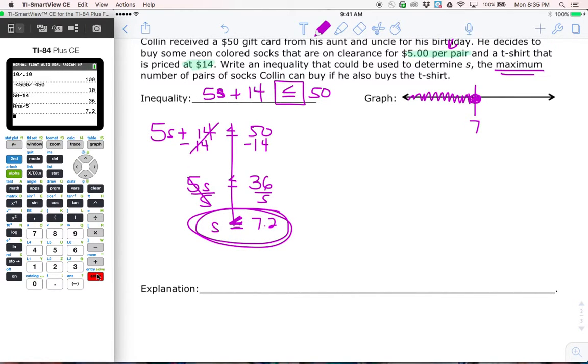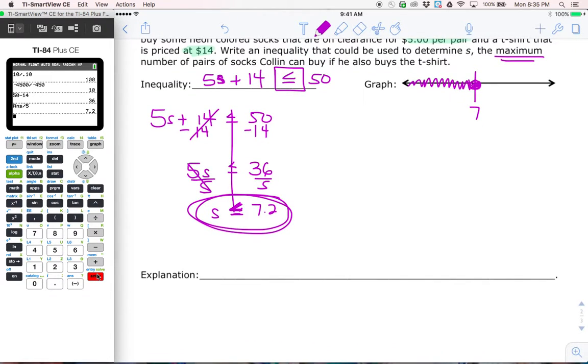All right, and notice maximum, we still have a less than or equal to. Think about the context of the problem, and let's write it out. Who are we talking about here? Colin. Colin can afford a maximum of 7 pairs of socks.